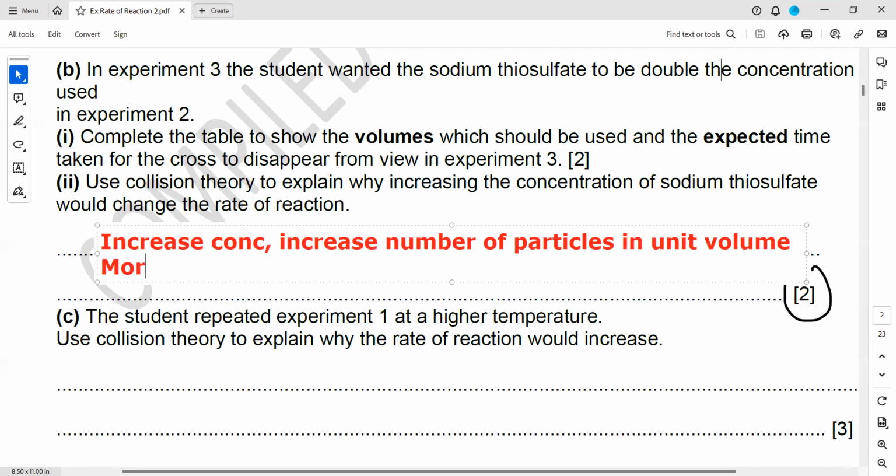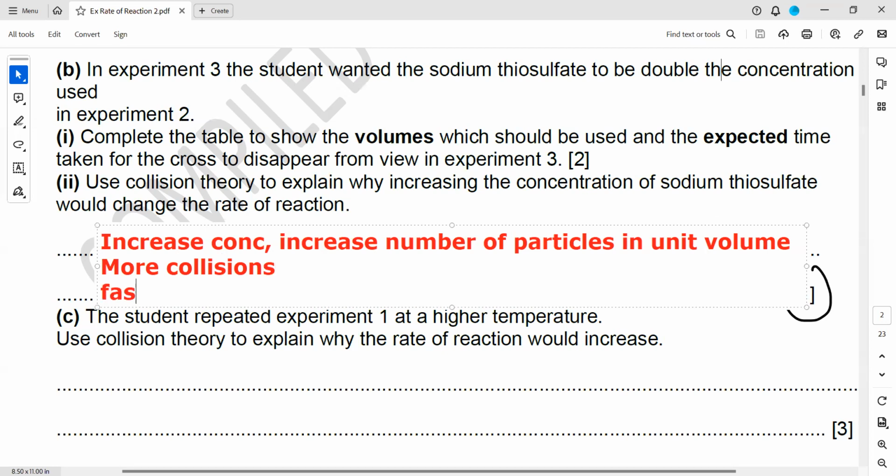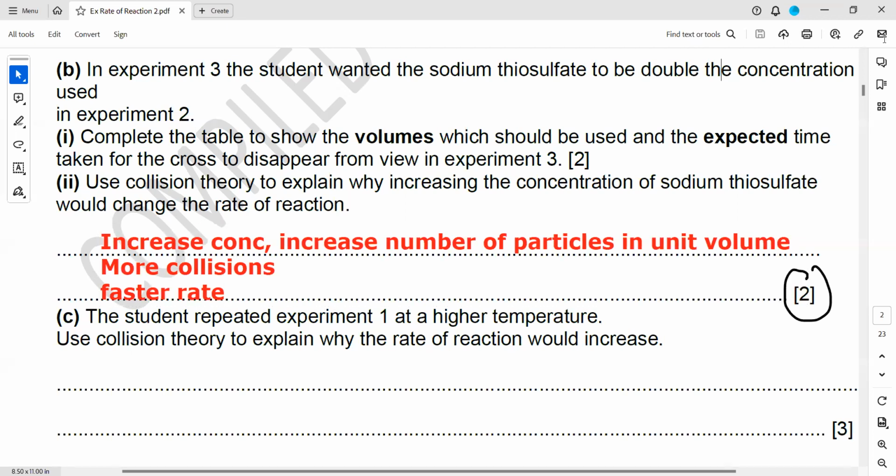There will be more collisions. As there are more collisions or more successful collisions, it will have a faster rate. So 1 mark is for mentioning increases the number of particles in unit volume, and 1 mark is for mentioning more collisions or more successful collisions.